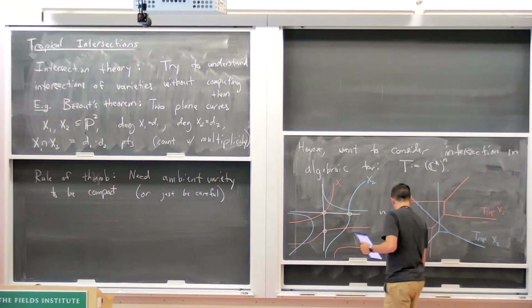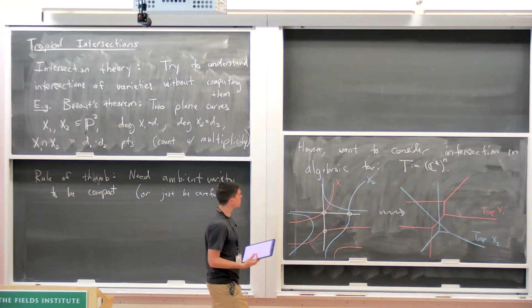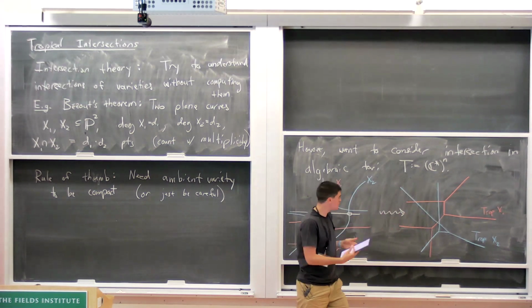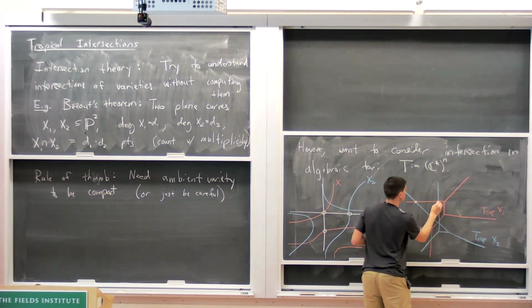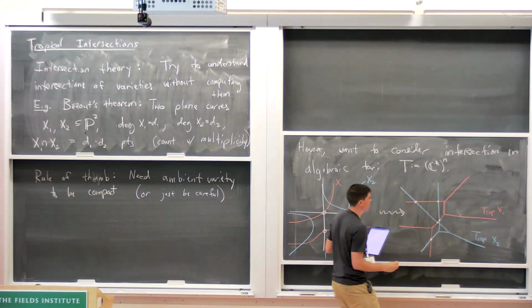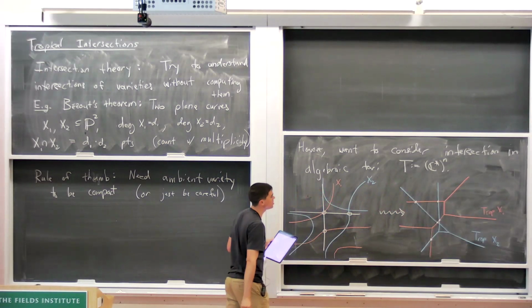And the way that you intersect things using tropical geometry is you look at these tropicalizations and their intersection points. I've got here, here, here, here, and here. All of these other lines go off to infinity, so there aren't any others.